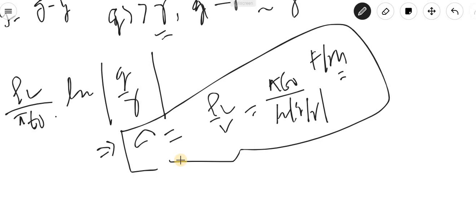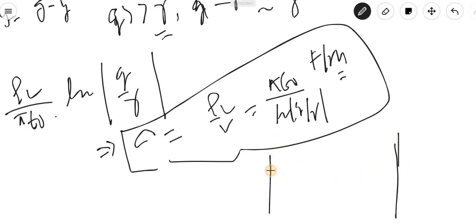Again, sometimes it is required to know the capacitance between one conductor and the neutral point.